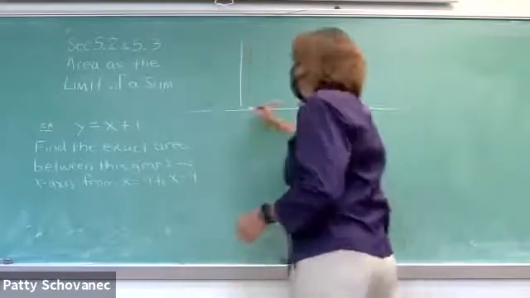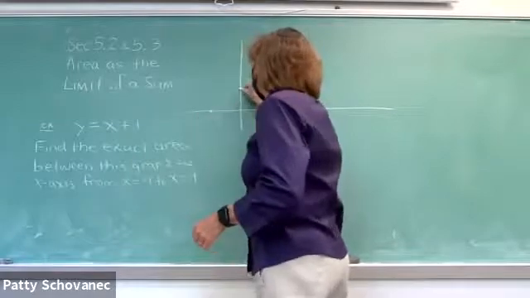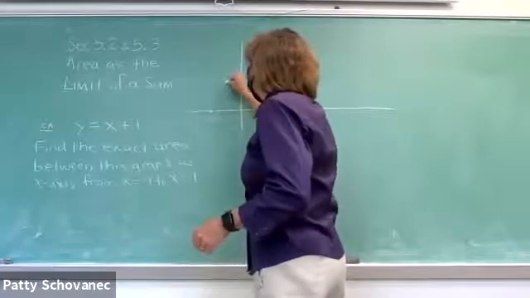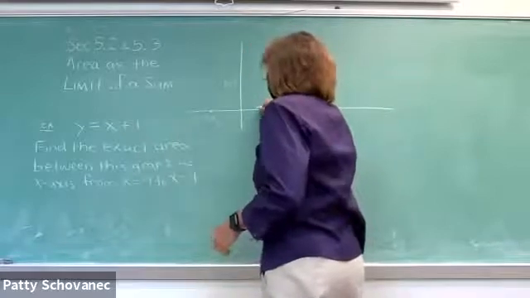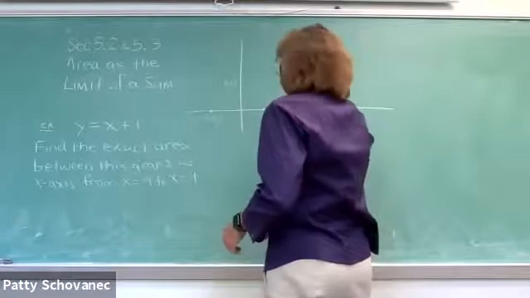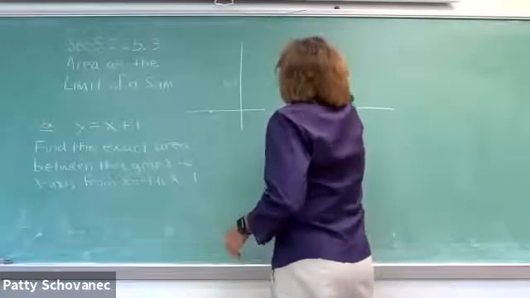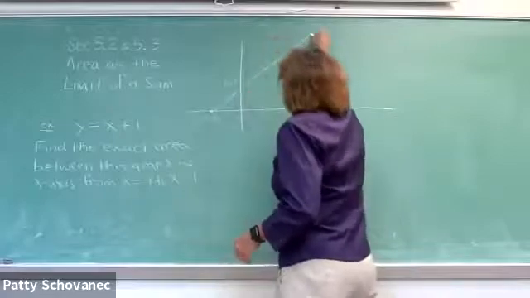So it goes through -1, 0. It goes through 1, 0. I'm sorry, 0, 1. And then when x is 4, y is going to be 5. So it looks something like this.